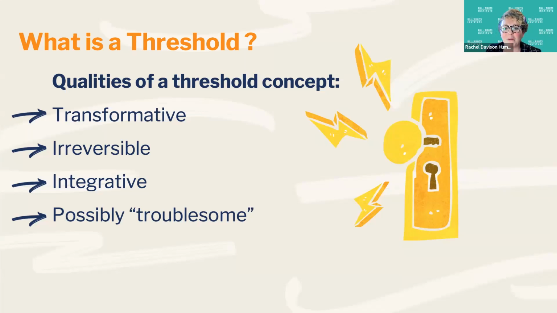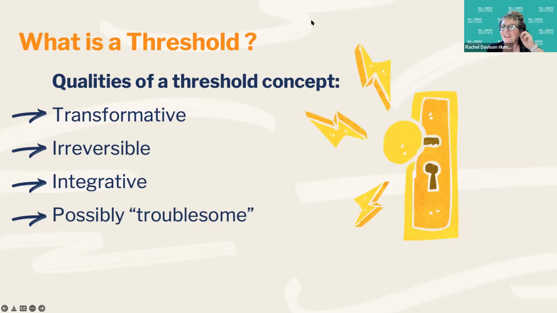And this idea of troublesome meaning, it might change things in an uncomfortable way for you. Or it might integrate things that you weren't expecting. And so there's a bit of a troublesomeness to it, right? I'm sure you've all had experiences where you understood something, you're like, oh no, right? Or you've understood something, you're like, oh yes, right? So that's the idea of this threshold concept.